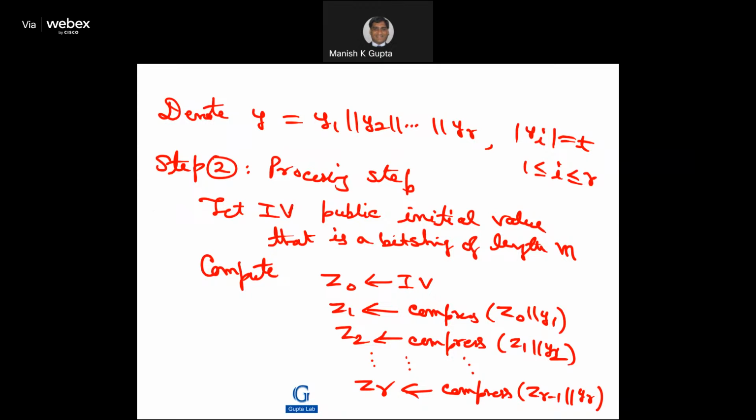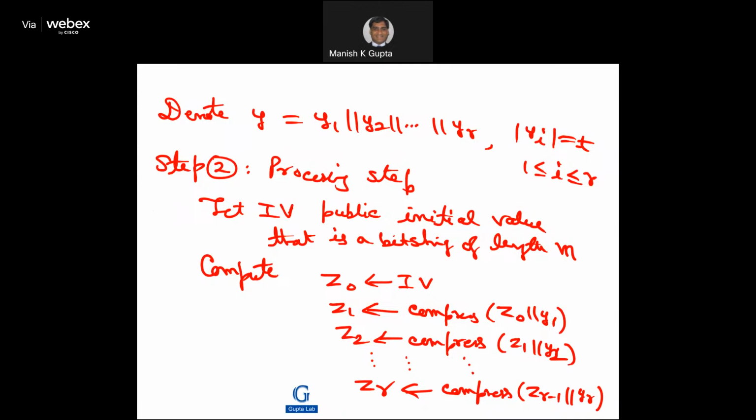Step 2 is the processing step. Let IV denote the initial value, a public initial value that is a bit string of length m. Now compute Z0 from IV. Z1 is the compression of Z0 concatenated with Y1. Z1 is then connected with the next Y2 and goes to Z2, and so on. Finally, you get Zr, which is the compression of Zr minus 1 concatenated with Yr.